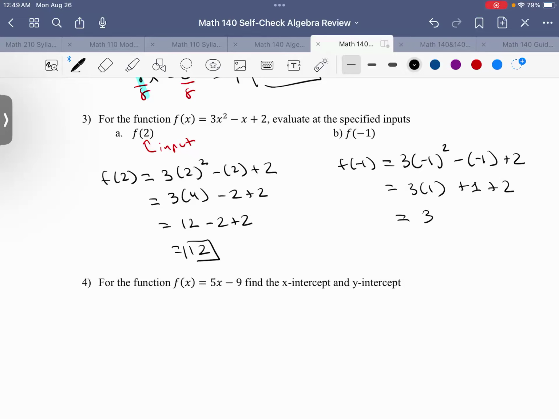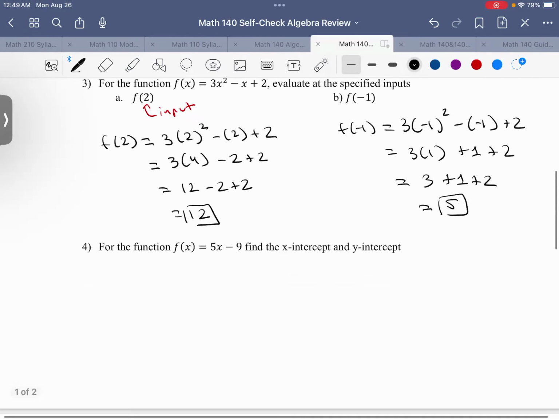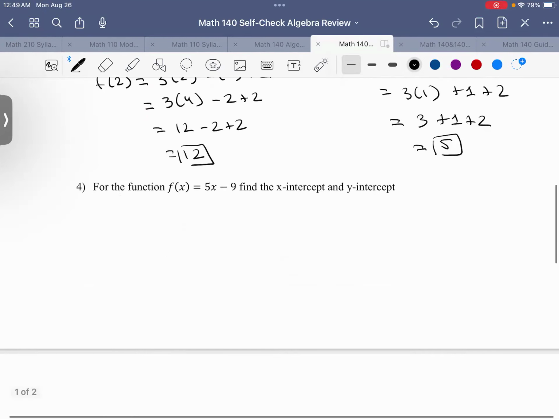So 3 times 1 is 3, plus 1 plus 2, and I get 5. So the input of -1, I get an output of 5. f of -1 is 5. Okay, great. So that is evaluating this function at specific inputs.